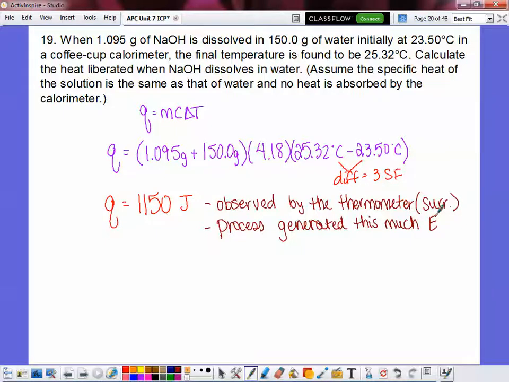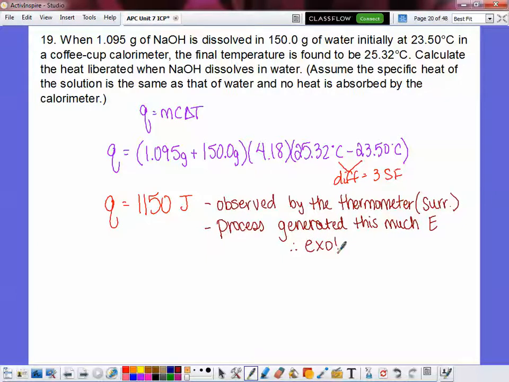So is the dissolving of NaOH in water endothermic or exothermic? If it's generating that much energy, it's exothermic. Exactly. It's releasing heat. Why is Q positive?